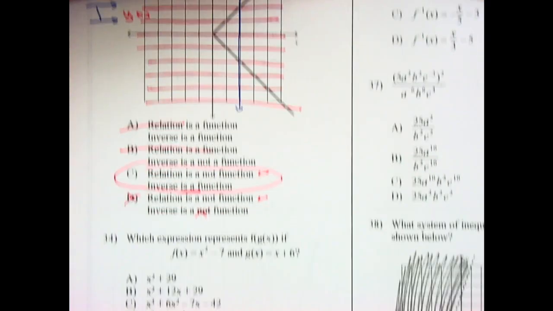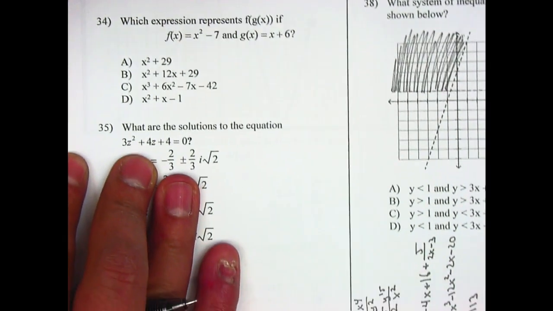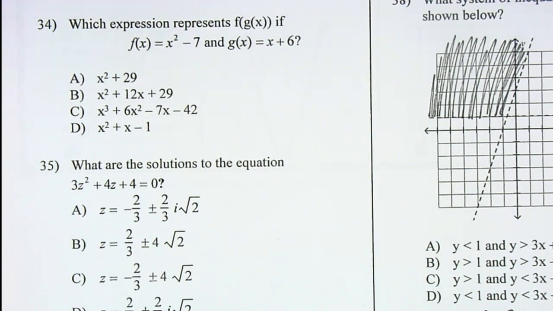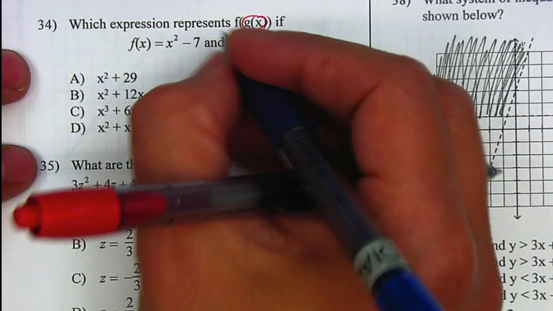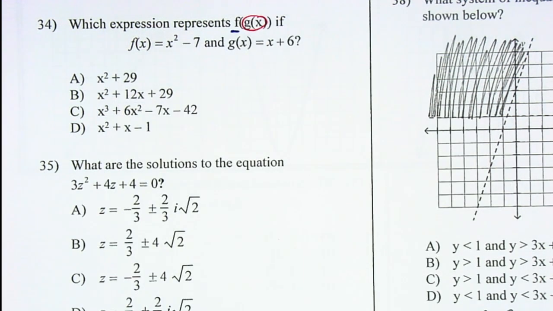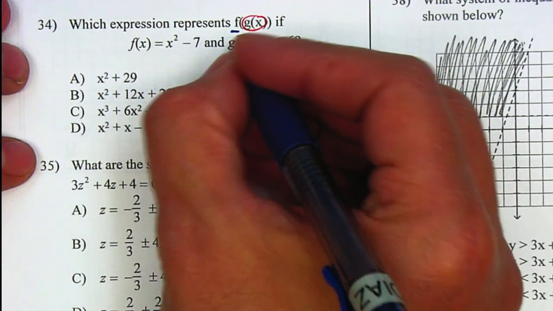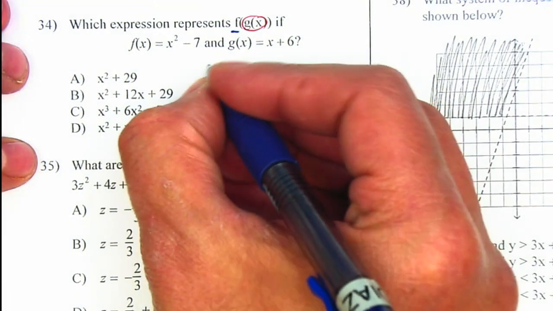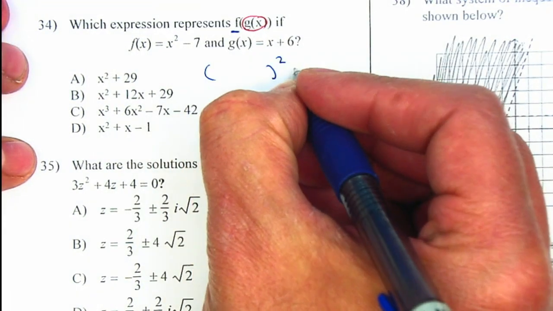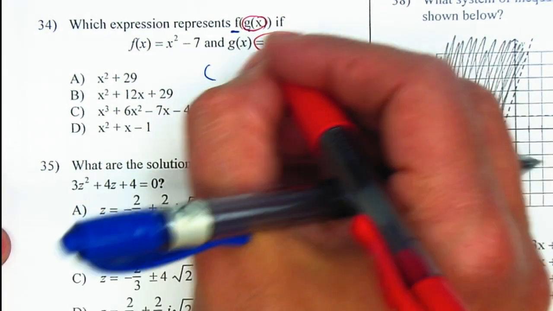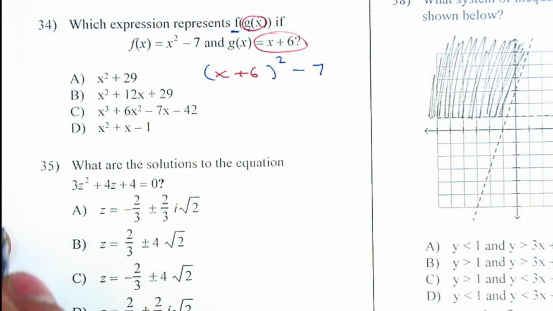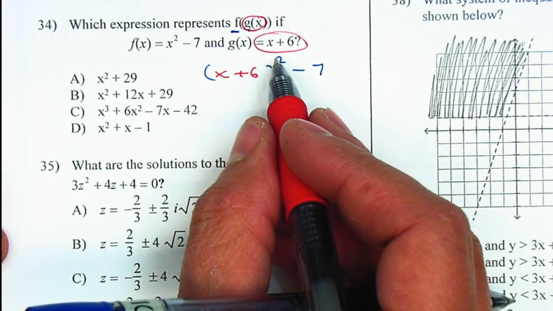Problem number 34. Which expression represents f of g of x? That means I need to plug in the g inside the f. So I'm going to write down the f first. X squared minus 7. But instead of the x, I'm going to replace it with g, which is x plus 6. Remember that you want to be able to expand this.